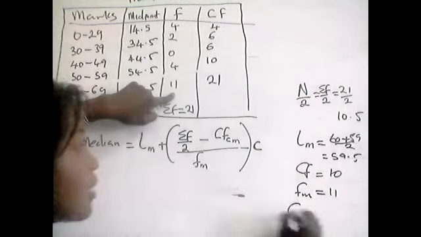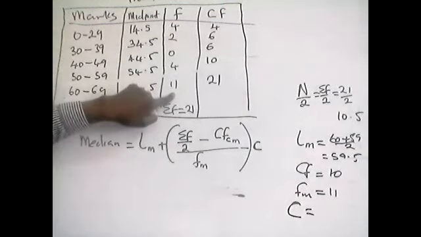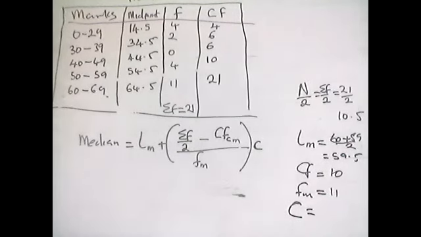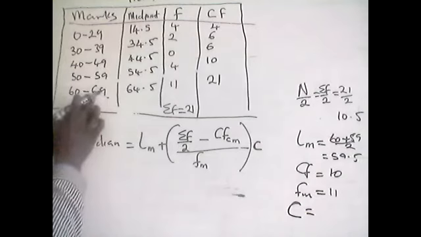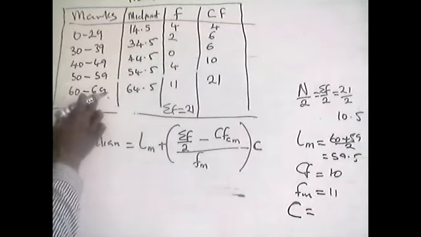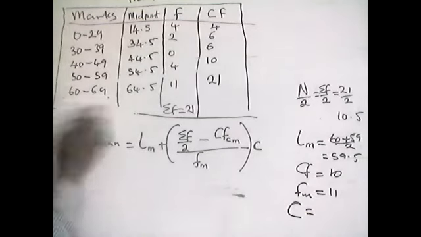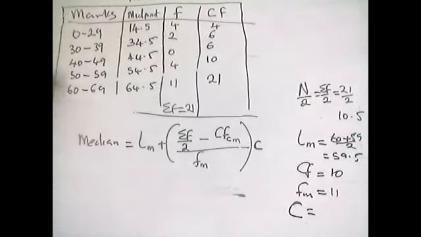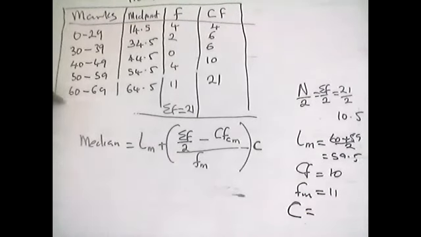And then C, this is the class size. For us to find the class size, what we do is we add the upper limit of the median class plus the class that is going to follow. So if we are to continue writing here, if I may pose a question, what class was supposed to be after 60 to 69?